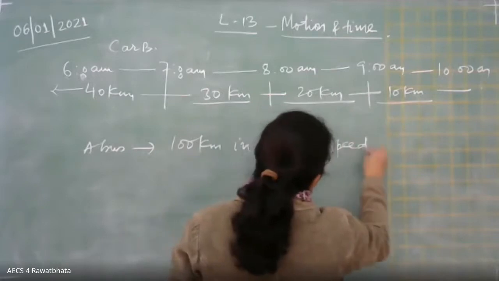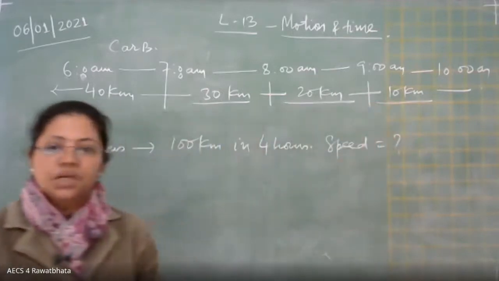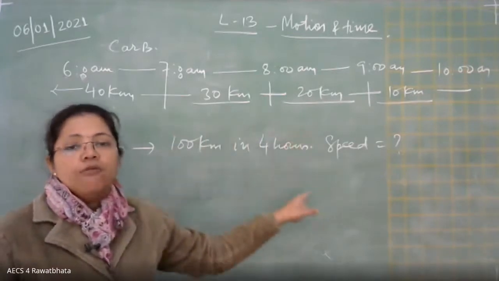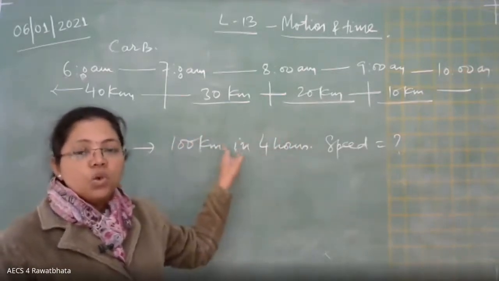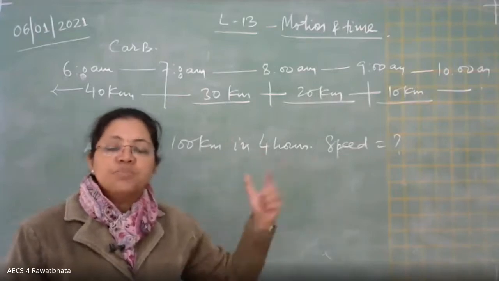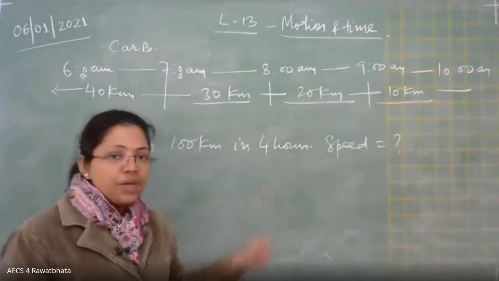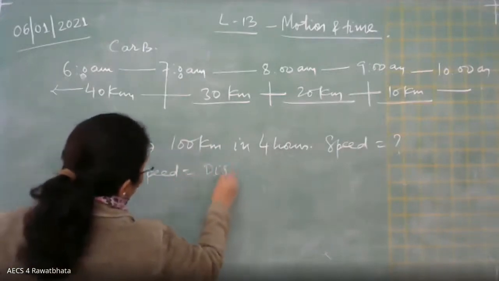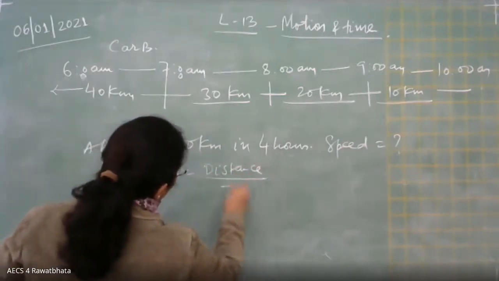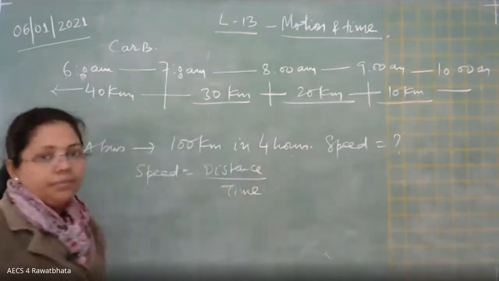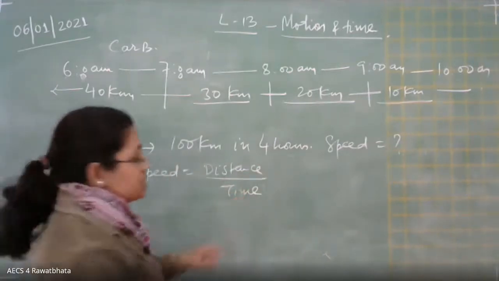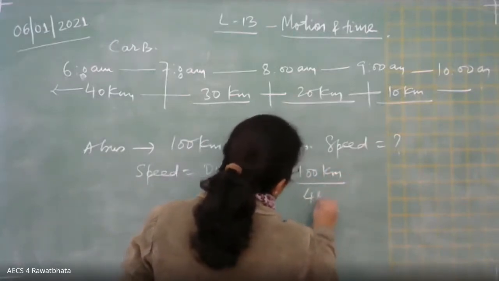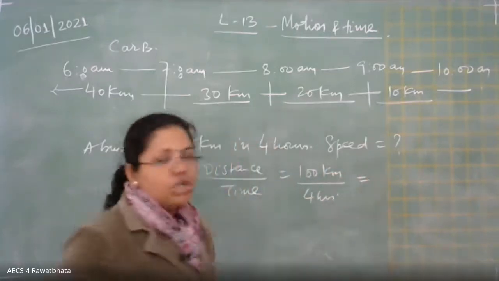You have to calculate its speed. अब आपको क्वेश्चन में मिला कि एक बस है जो हर 4 आवर्स में 100 किलोमीटर्स को कवर कर रही है, तो आपको उसका स्पीड कैलकुलेट करना है. सो इट्स सिंपल. वी नो स्पीड इज इक्वल टू डिस्टेंस अपॉन टाइम, राइट? So here distance is 100 kilometers and time is 4 hours. So what should be the speed?